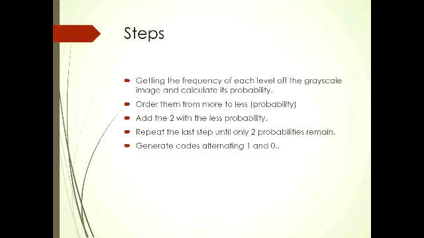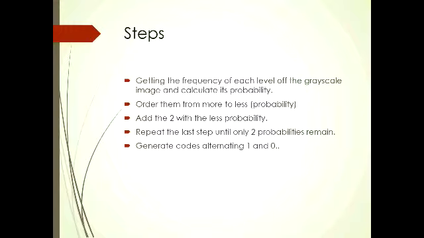This gets clearer when we see the steps that we need to follow to do Huffman. The first step is taking the frequency of each level of the grayscale image and calculating its probability. We can do this using the histogram function. Then we order them from the most probable character to the least probable character. Then we add the two least probable characters, and we repeat this step until only two probabilities remain.